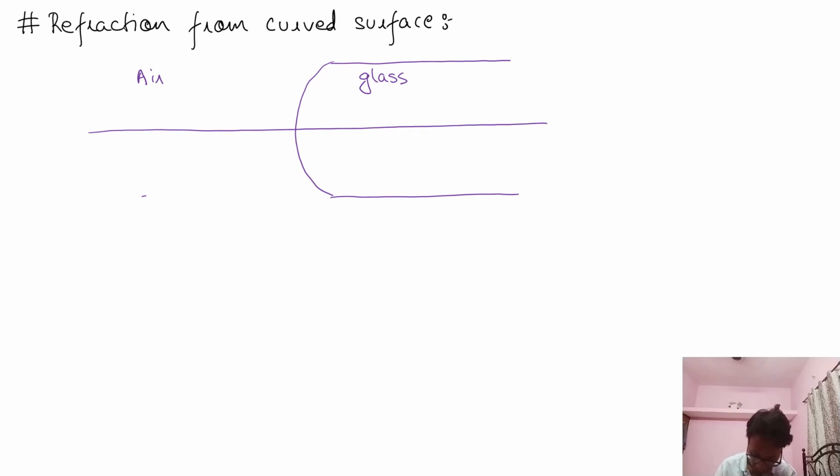Now when an object is out here, where in the glass is the image formed, that you are going to study in the subject of refraction through curved surface. That means this entire medium is made up of glass, and a ray from the object would go and form an image, okay?